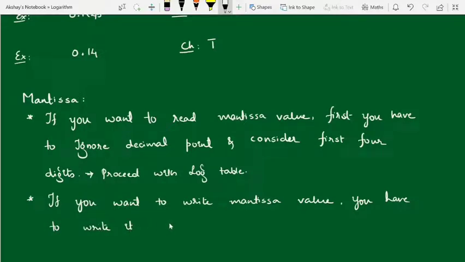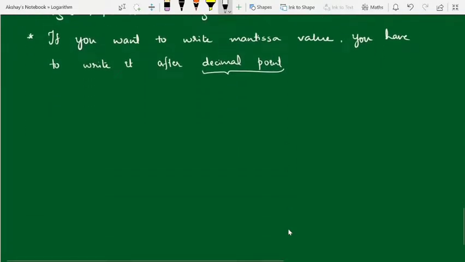This decimal point should be placed after the characteristic.